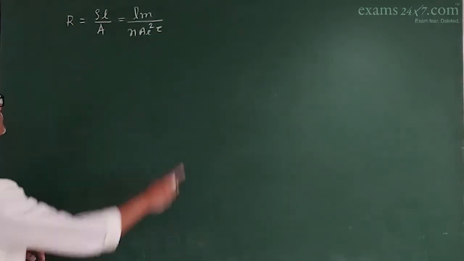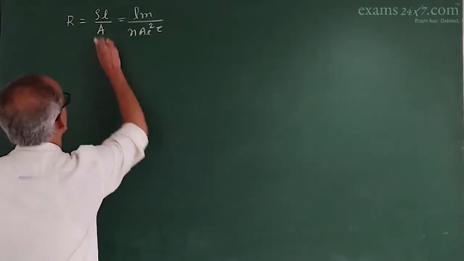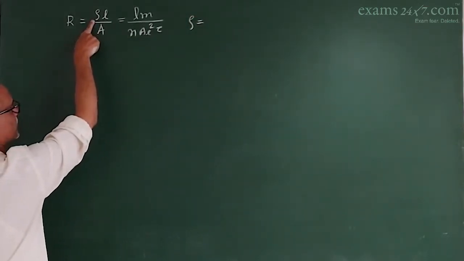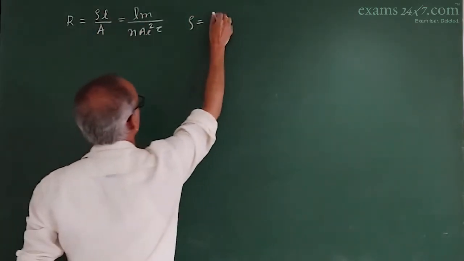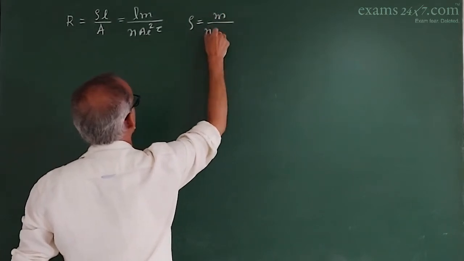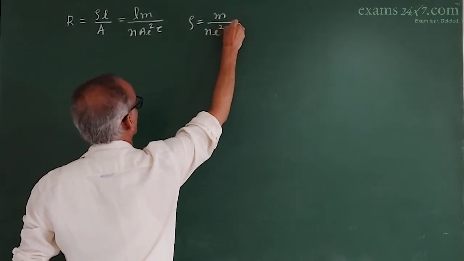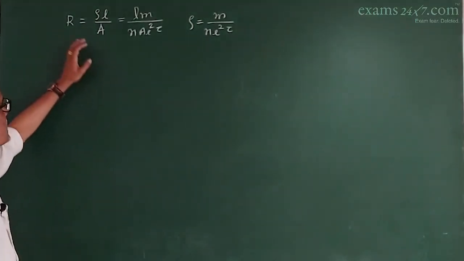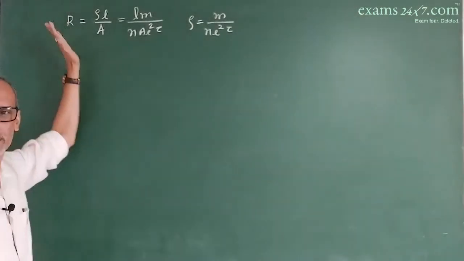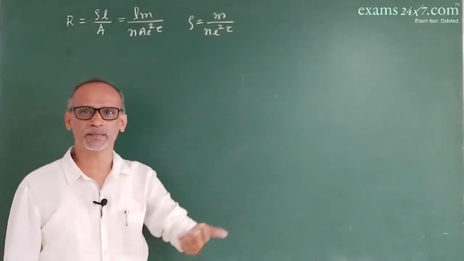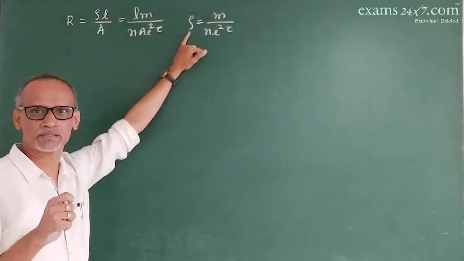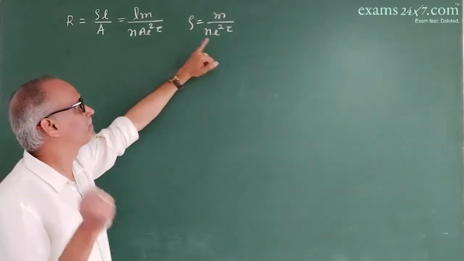If you compare, we get rho is equal to m by ne square tau, which is a constant. So that clearly indicates that the resistance depends on dimension and temperature, whereas the resistivity depends only on the temperature.